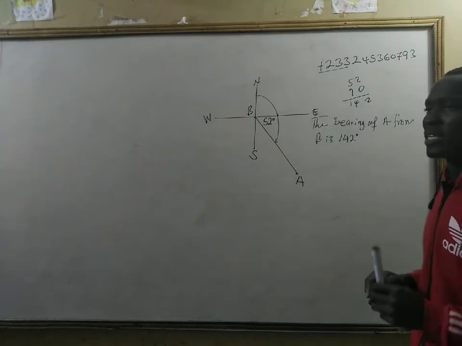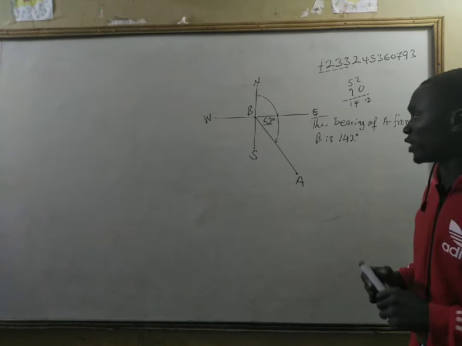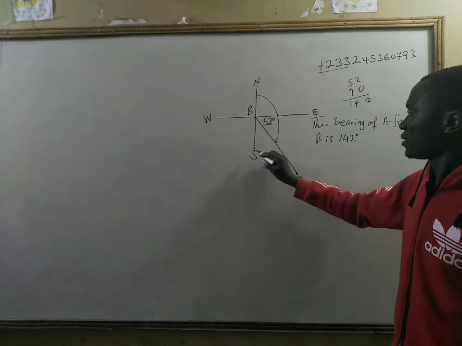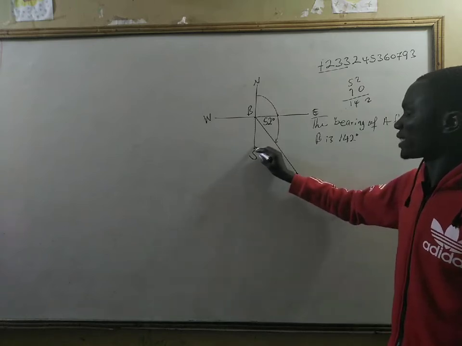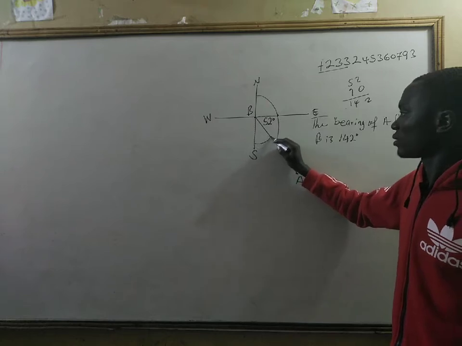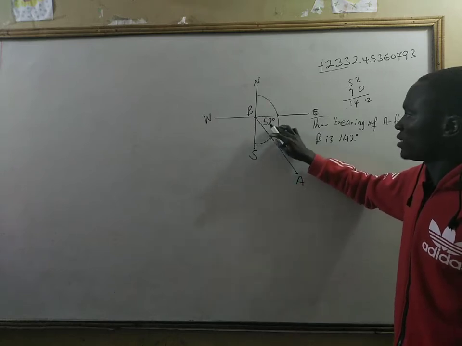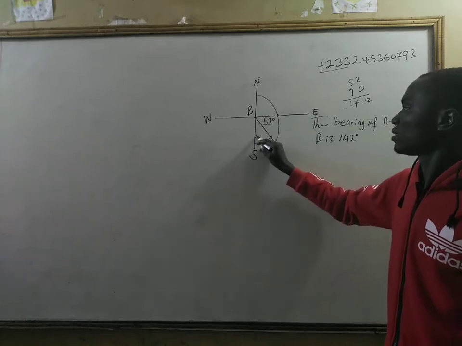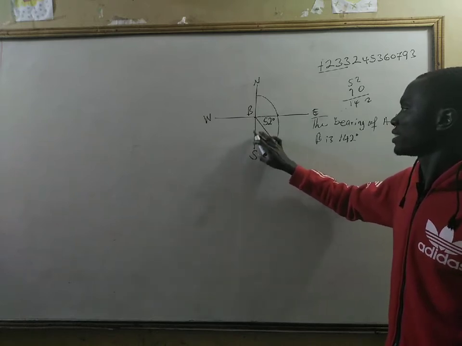Now, what about in terms of the compass bearing? In terms of the compass bearing, you measure it from south to the line. So we need this angle. And this angle simply is 90 minus 52. That will give us 38.